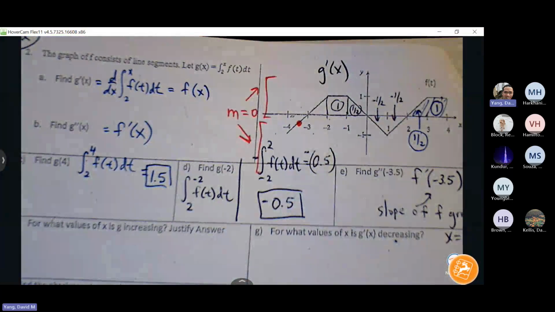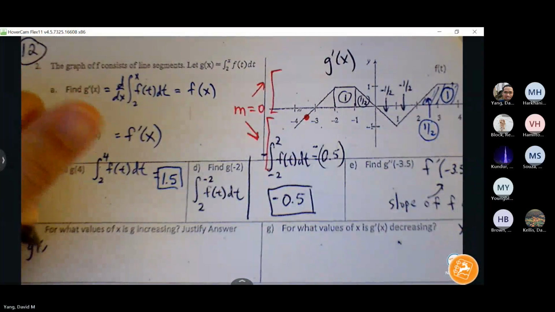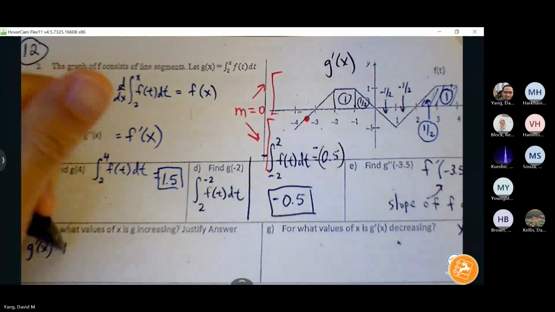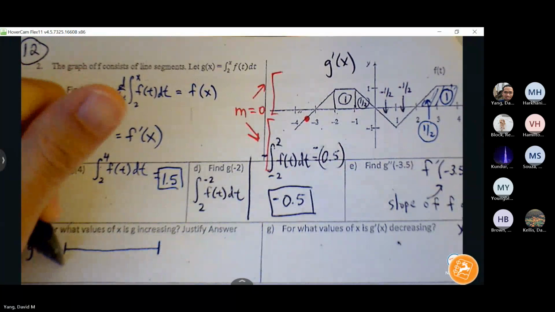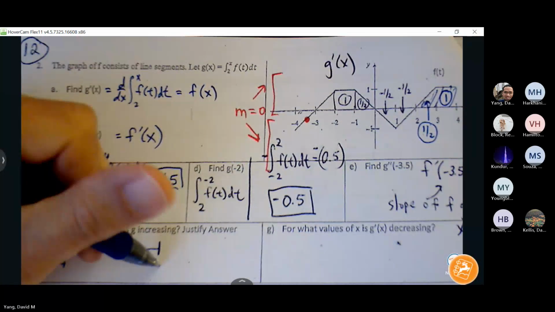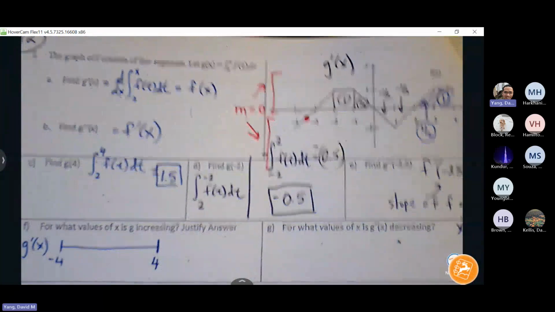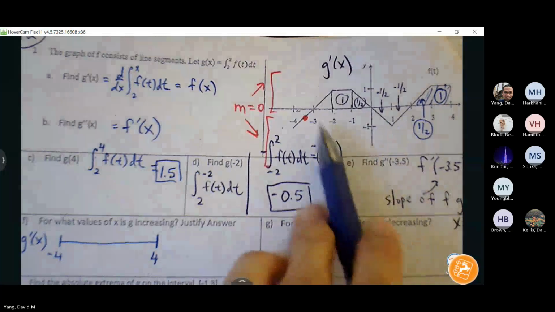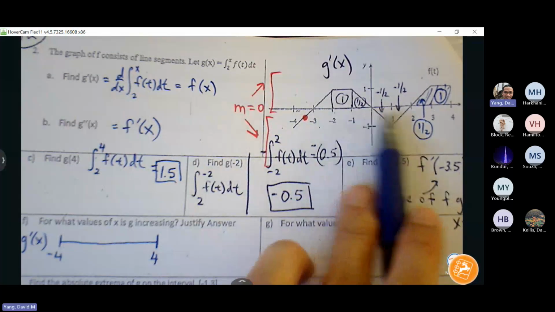So if I create a slope sign line here, what critical points can I place onto my slope sign line? Good. X-intercepts, right? -3, 0, and 2.